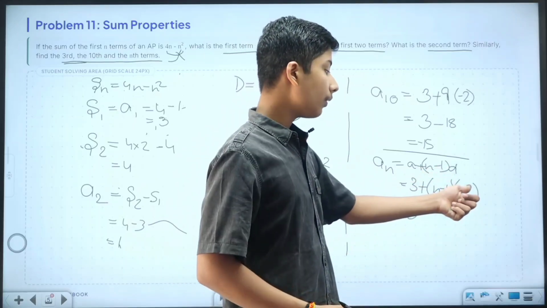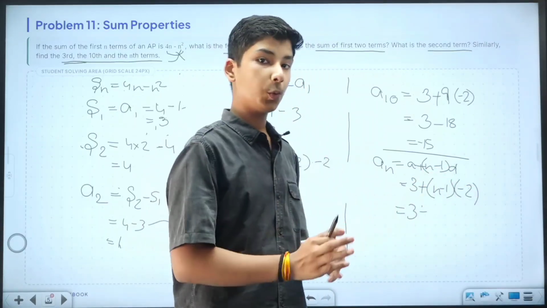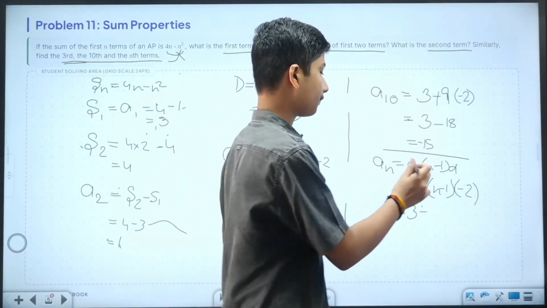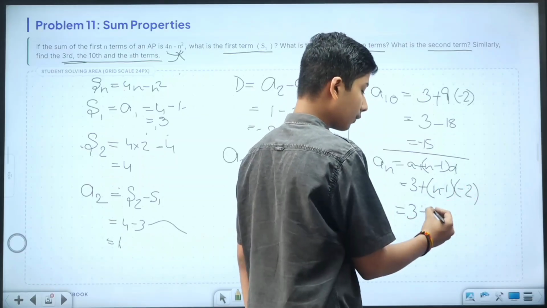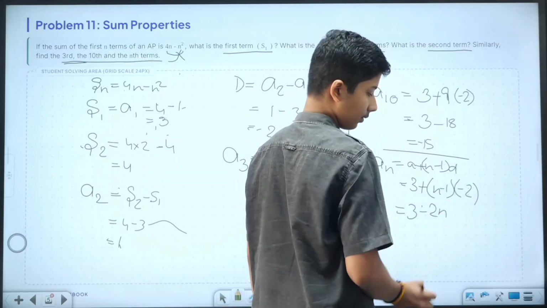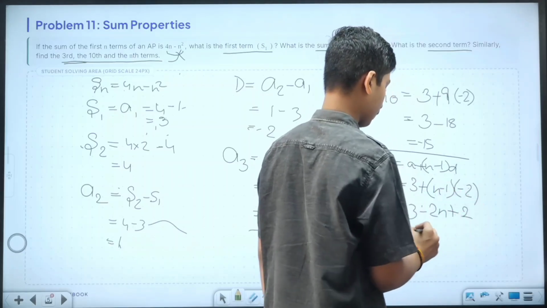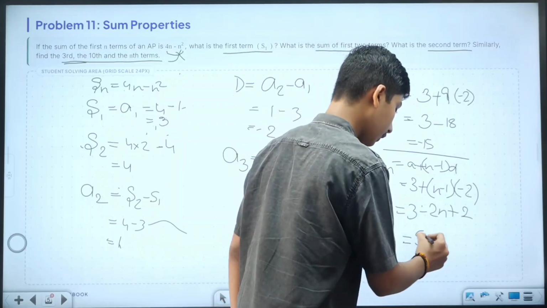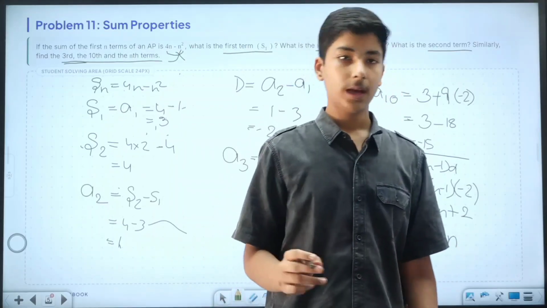Because when we multiply minus 2 with plus n, minus into plus is minus, so this will always be minus. So plus n into minus 2 will be minus 2n. Then minus 2 into minus 1 will be plus 2. So 3 plus 2 is 5 minus 2n. This will be our answer.